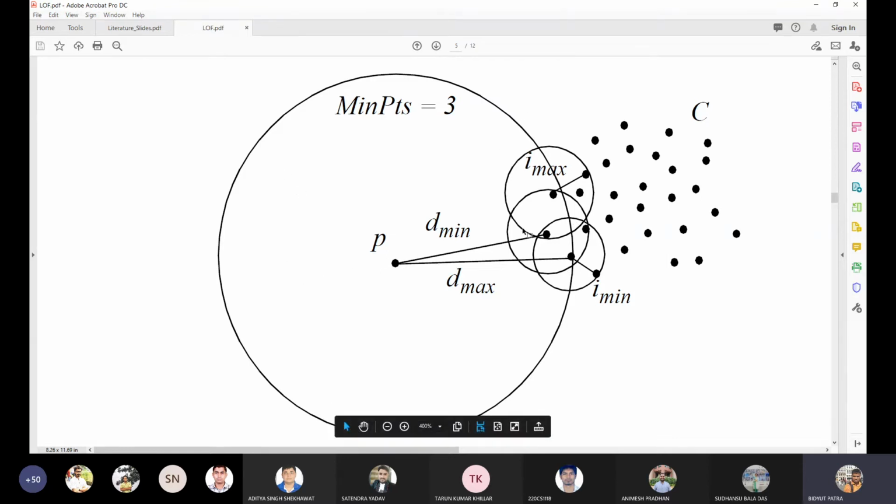Divide by 3 points because it has 3 neighbors. Once you do it, that gives the average reach distance, and the inverse of that gives you the local reachability density.